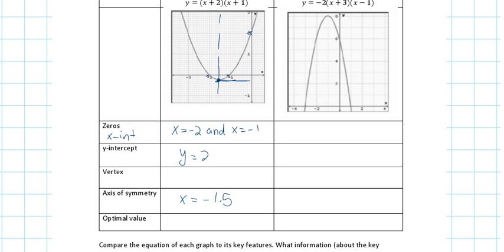So it's a point at (-1.5, -0.25). What's the optimal value?